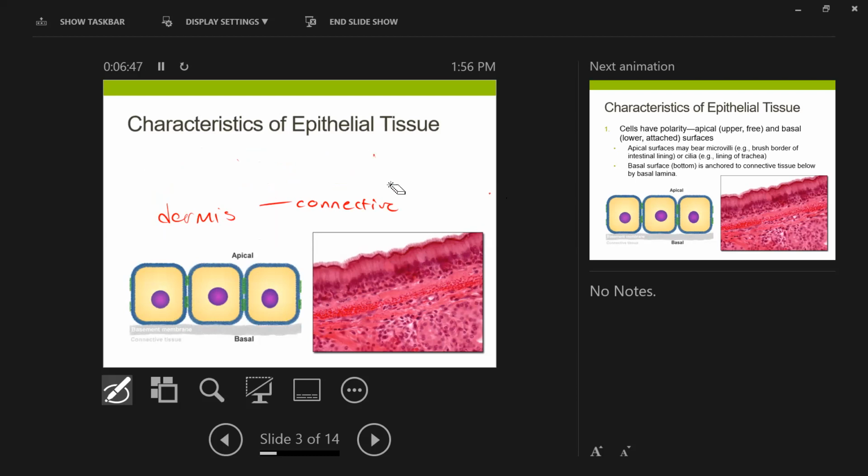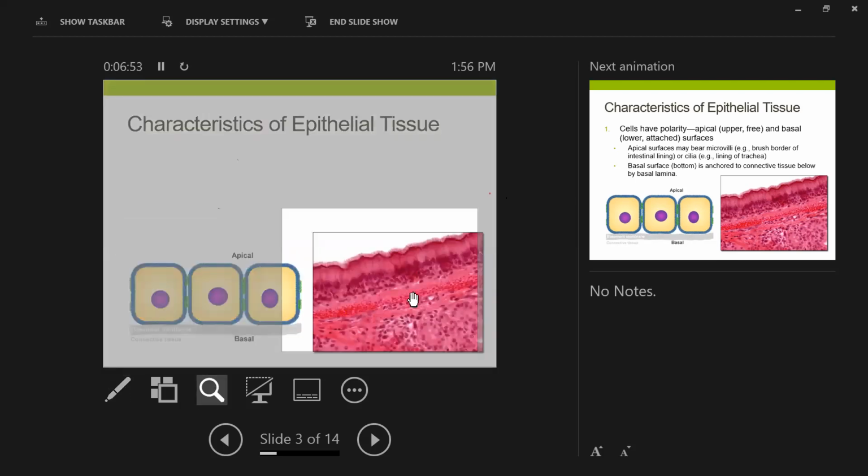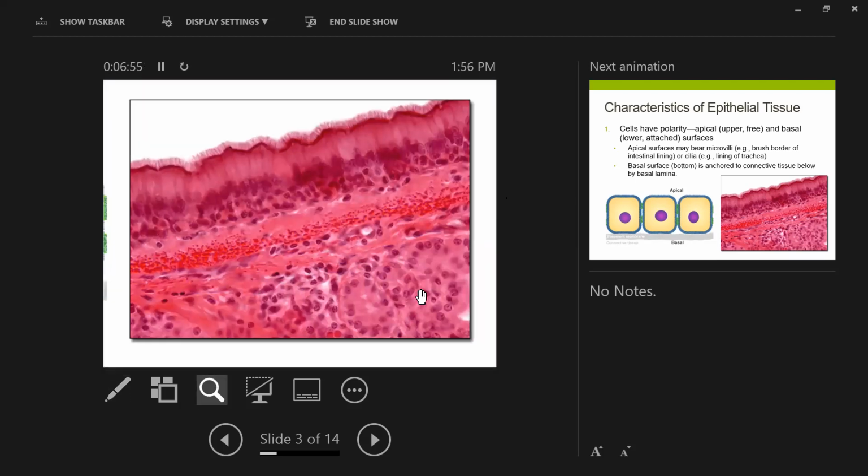Now, the diagrams that you guys have at your desks are just drawings. Rather easy. What if you looked at that? This is an actual microscope slide. It is a stained slide. A dye, D-Y-E, like you use on Easter, is used to give these cells color, because if you didn't have it, they would all appear clear, and it's really hard to see something that's clear under the microscope. Tell me again what epi means, or epith means.